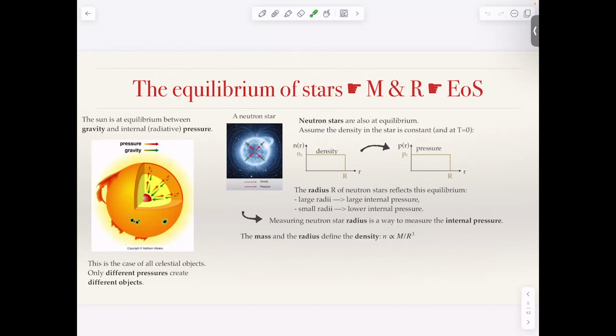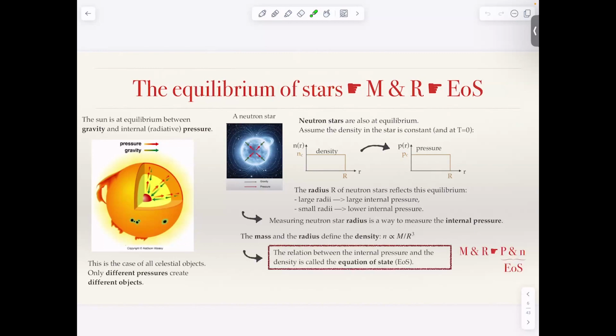So by knowing the mass and the radius of a neutron star, you can determine the pressure and the density of a neutron star. And this is exactly what an equation of state is. The equation of state is the relation between the pressure and the density.